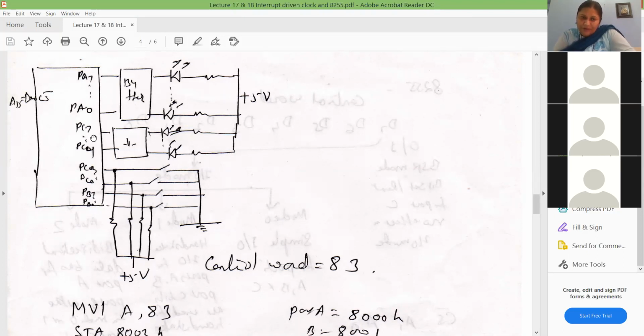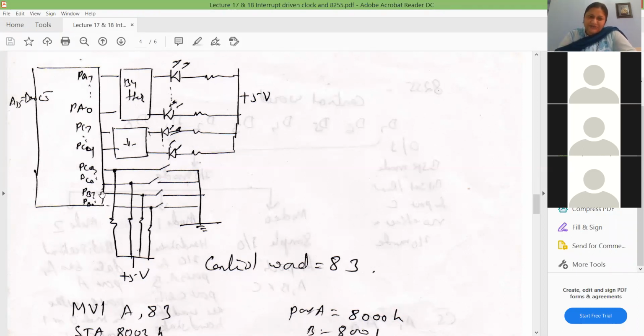So the problem given is that whichever switch is on, the corresponding LED should glow. That means if the PB0 switch is on, then the PA0 LED should glow. If the PC0 switch is on, then the PC4 LED should glow.